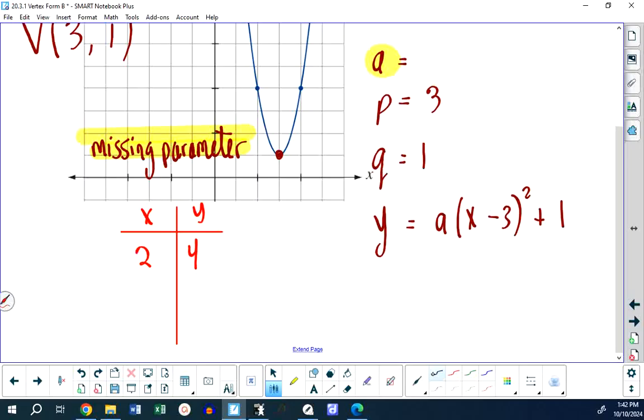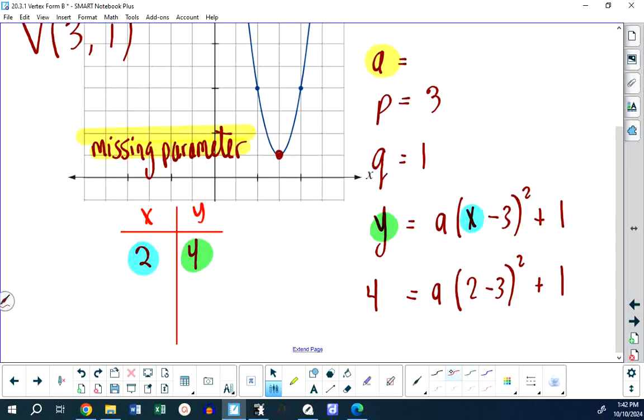So the answer is we're going to load in an ordered pair. We're going to put the x coordinate of a known point in for x, the y coordinate of that same point in for y, and we will get 4 is equal to a times (2 minus 3) quantity squared plus 1. And we are so close to having a grade 6 math question.